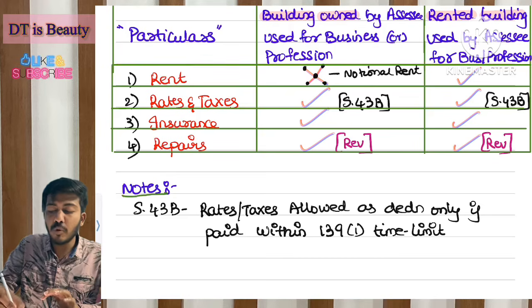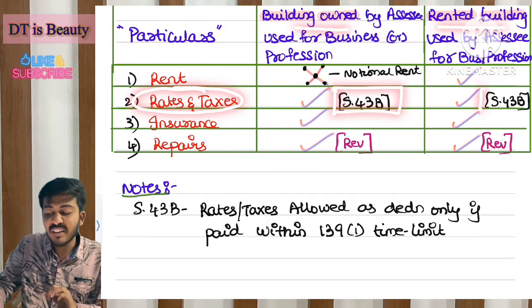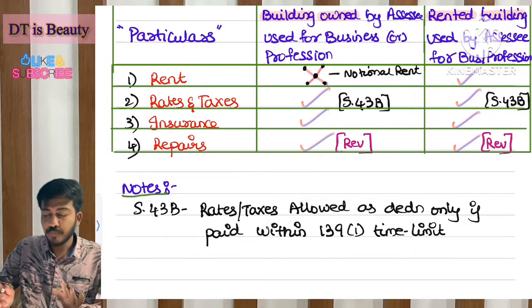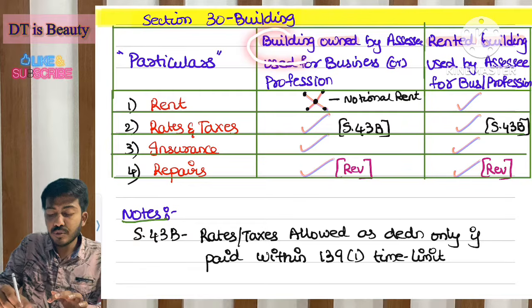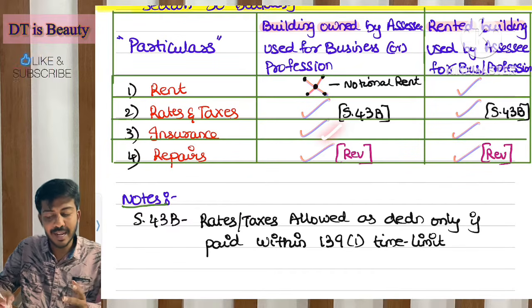So it might be your own building or it might be a rented building. As soon as rates and taxes come, section 43B will be applicable. Simple? Yes or no? Okay. Insurance. If you make any insurance for this building for the business or profession, which you are using for business or profession purpose, you can take it as deduction.